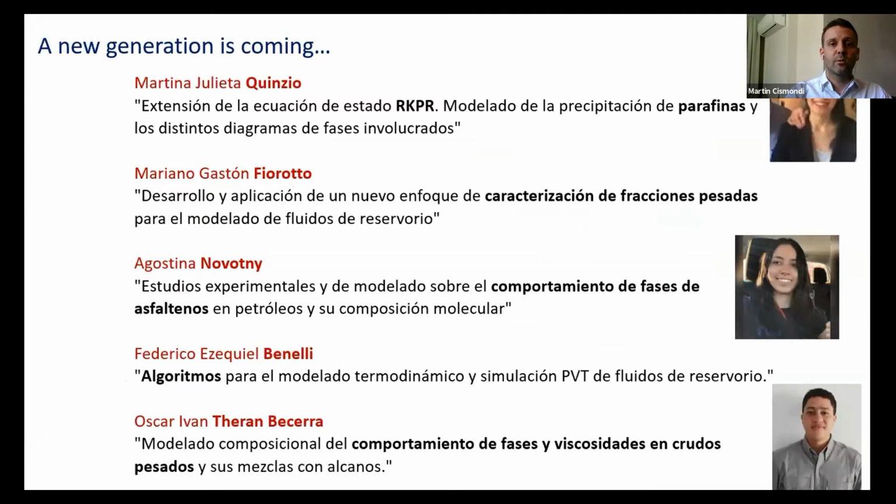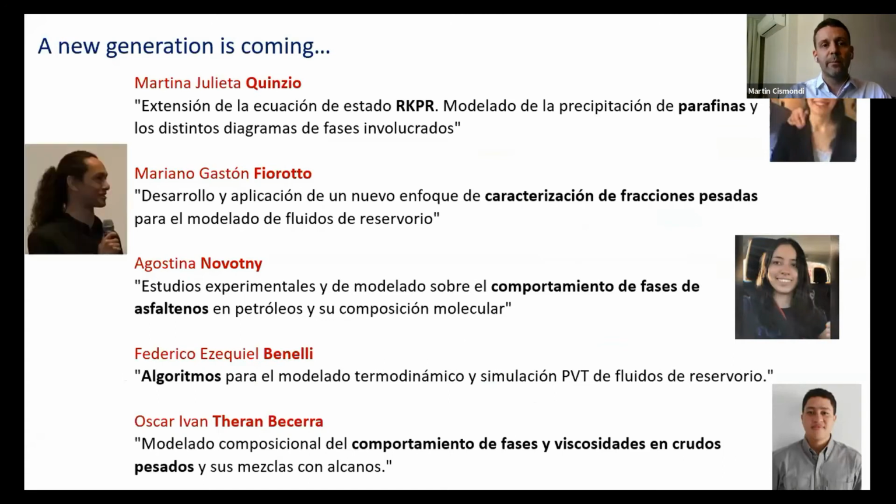These students who started to work with me, Julieta, Agostina, and Oscar, they already got their PhD grants from CONICET. And Mariano and Federico, we hope they will soon get theirs too.